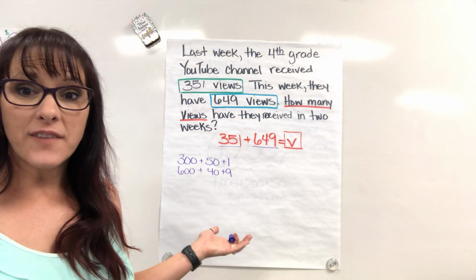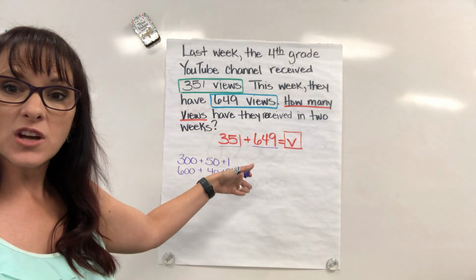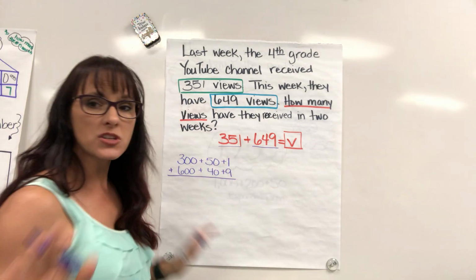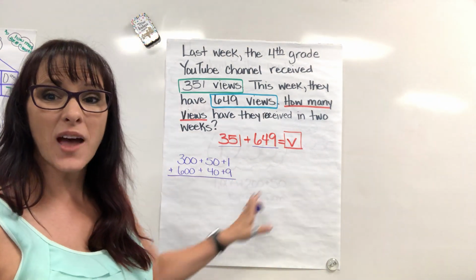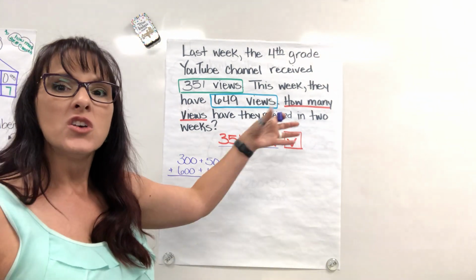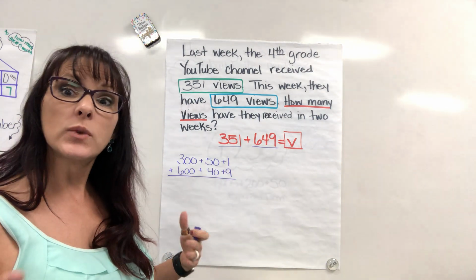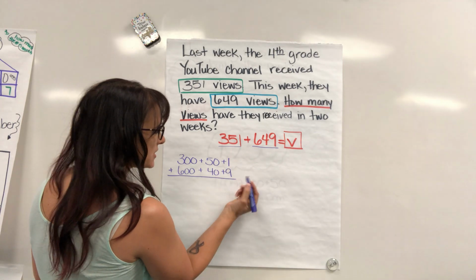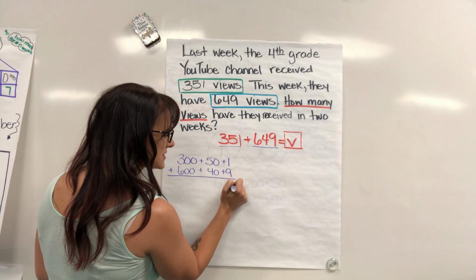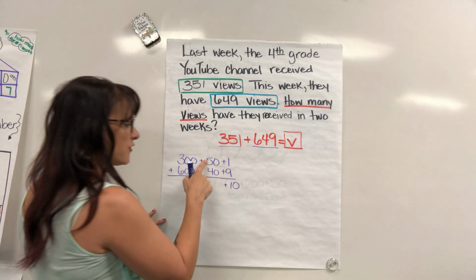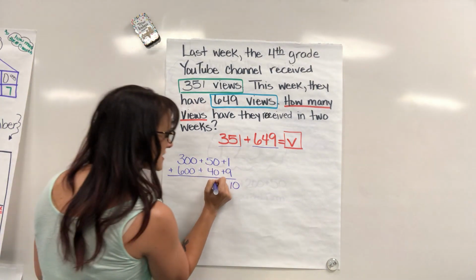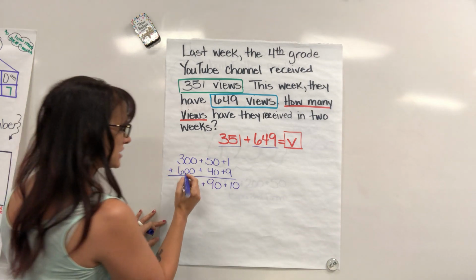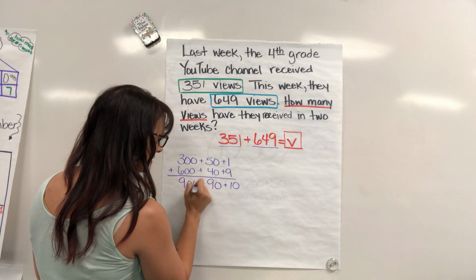So now all I have to do is add up each column, okay? So it looks similar to our traditional method, which I'm going to actually put next to it so you can see how those two really relate to each other. So I have 9 plus 1 is 10. 40 plus 50 is 90. 600 plus 300 is 900.